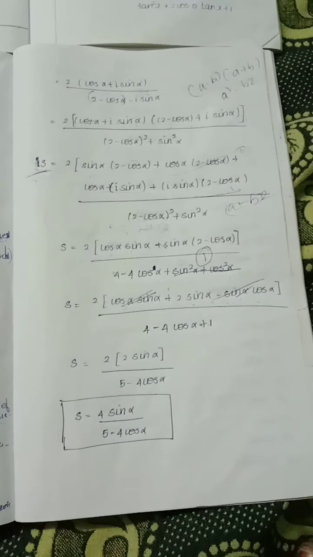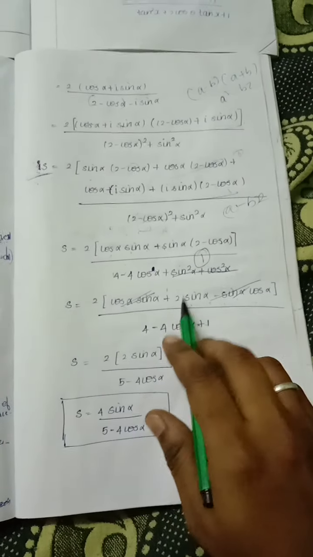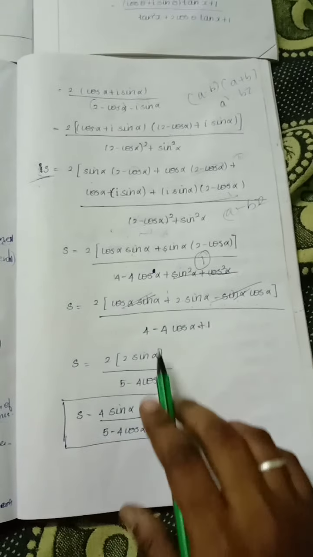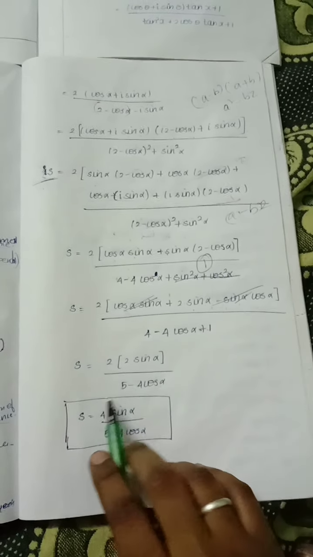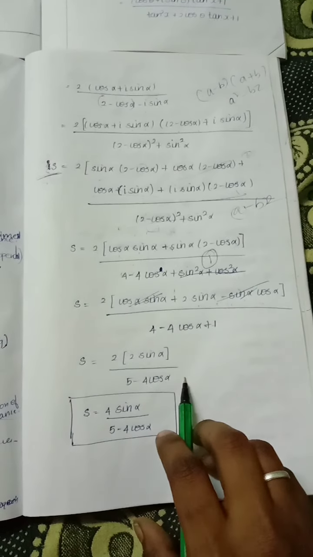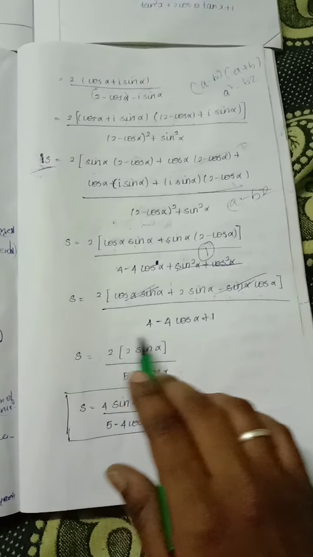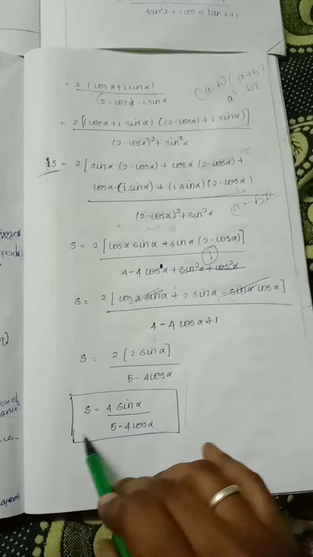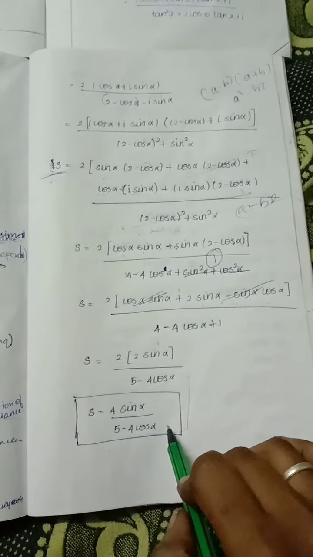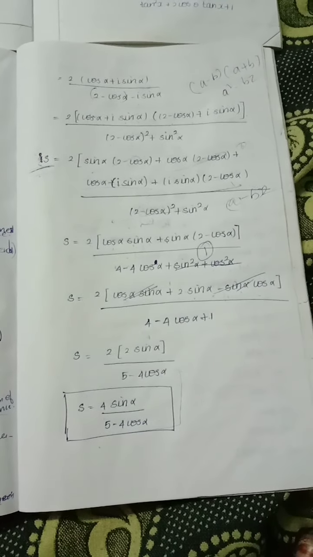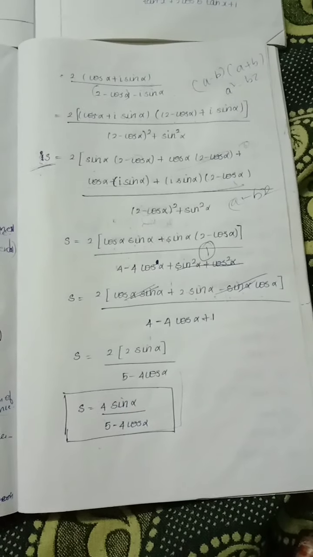So S = 2 times 2 sin alpha divided by 5 - 4 cos alpha, that is 4 sin alpha/(5 - 4 cos alpha). This is the solution for this question. Hope you all understand. Thank you and keep supporting.